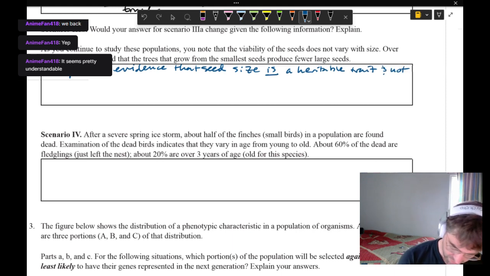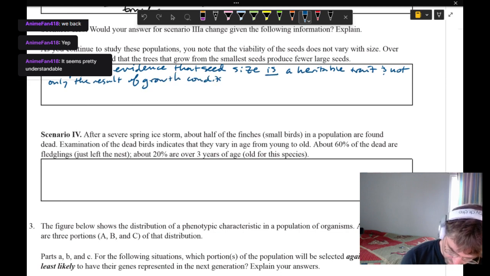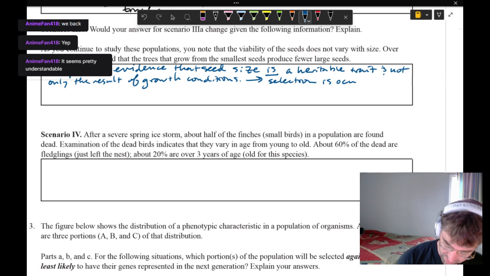And not only the result of growth conditions or the environment, right? Therefore, selection is occurring.